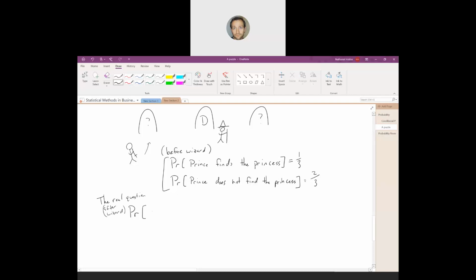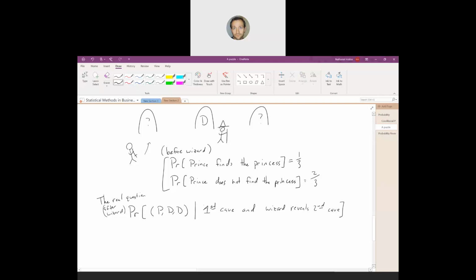We'll say, what's the probability of princess, dragon, dragon, given first cave and wizard reveals second cave.